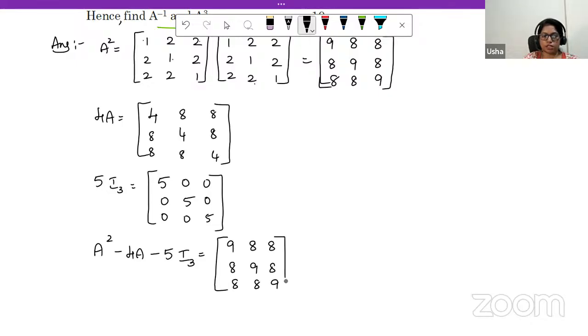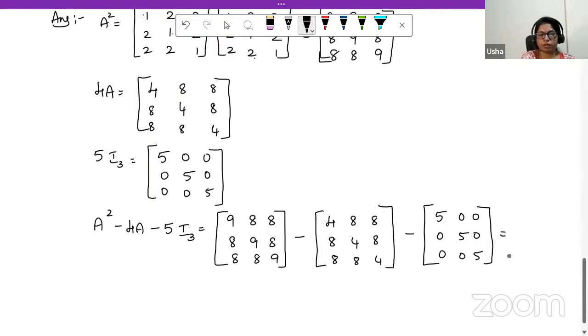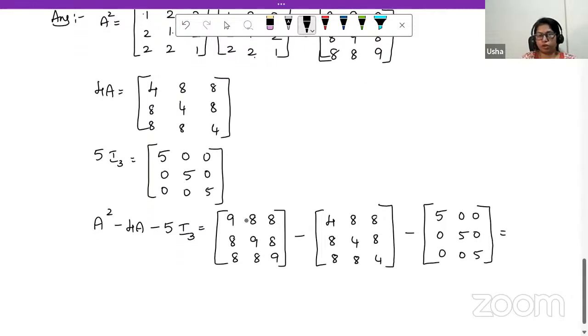This is A square, minus 4 times A, which is 4, 8, 8, 8, 4, 8, 8, 8, 4. Then minus 5I3, which is 5, 0, 0, 0, 5, 0, 0, 0, 5. And they have given to show that it is 0. So definitely you're going to get 0.